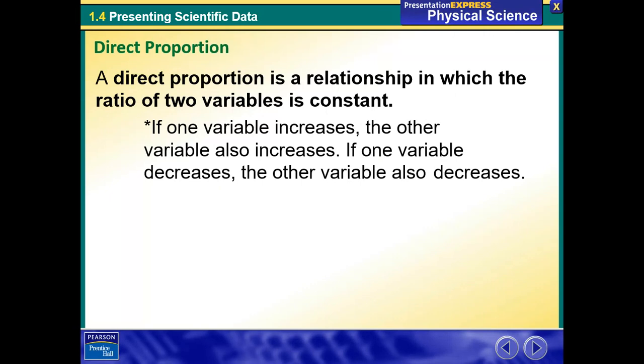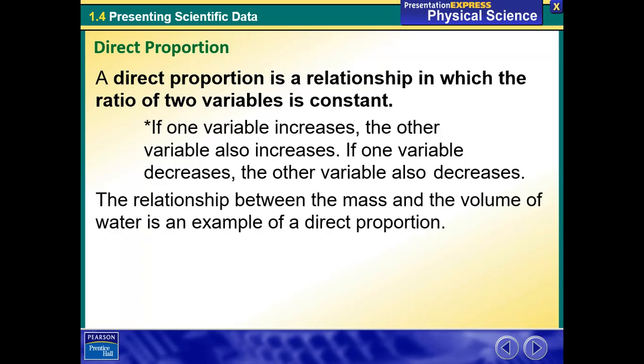The more time you drive, so if you increase the amount of time you drive, it's going to increase the distance that you go. Again, both of them are increasing. If we think about people in a classroom, the more people that are in the classroom, the more pairs of shoes that are going to typically be in a room. Again, both of those are going to increase.